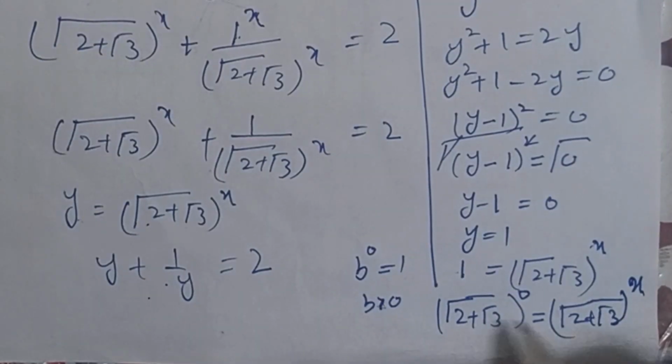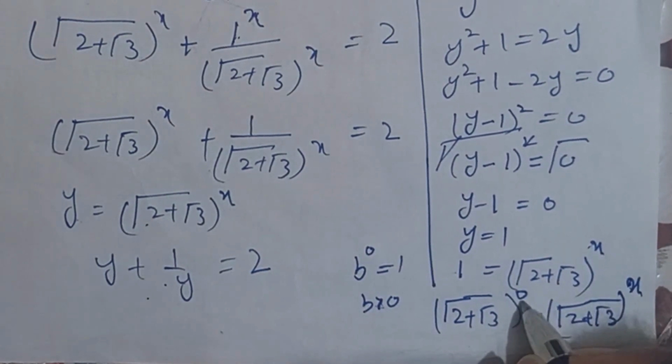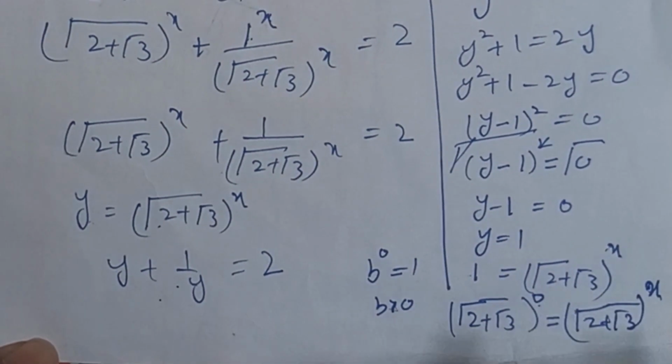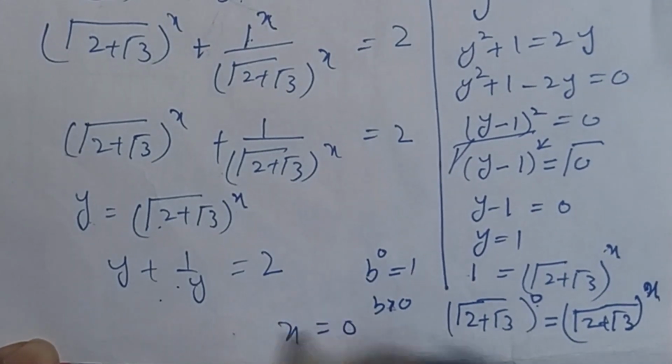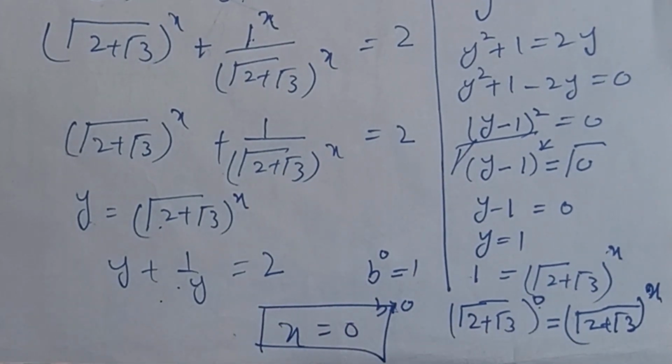Notice that the base is the same, so we compare their powers. This implies x equals 0. So in our question, x is equal to 0, and we are done. Thank you.